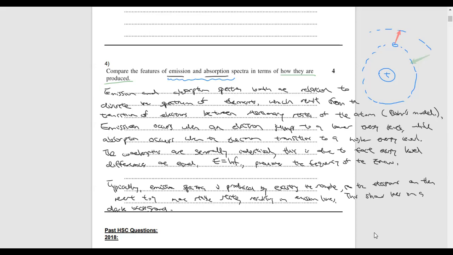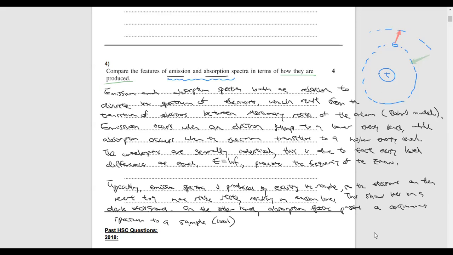On the other hand, an absorption spectrum is produced by passing a continuous spectrum through a sample which is relatively cool. When we say cool, we mean versus emission. So it's still a few hundred degrees, but it's lower.